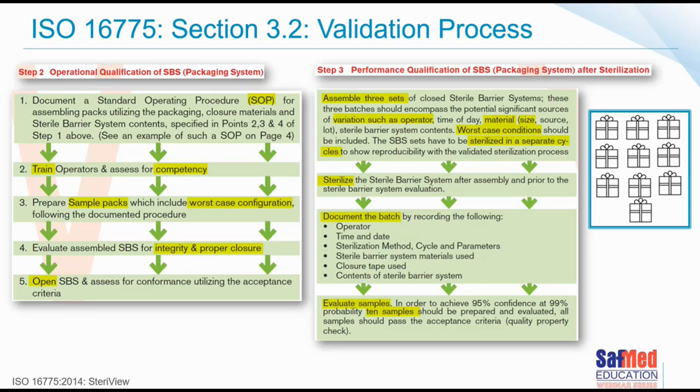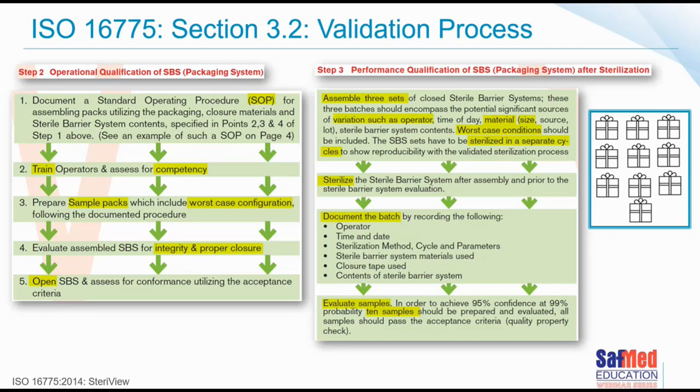So you're assembling 3 batches of 10 items in each batch. And you also want to make sure that this processing happens, including worst case scenarios, different autoclave cycles, different operators, different times of the day. You then sterilize the items prior to evaluation, and you need to document the batches.